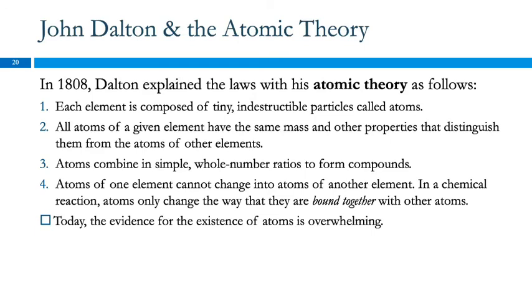Statement 4 is kind of related to the problem with statement 1. Atoms of one element cannot change into atoms of another element. In a chemical process, they can't. But in nuclear reactions, they can, and they do. Doesn't mean that we throw away the theory, though. We just modify it. Add a couple of words like, in a chemical reaction. Now it's true.